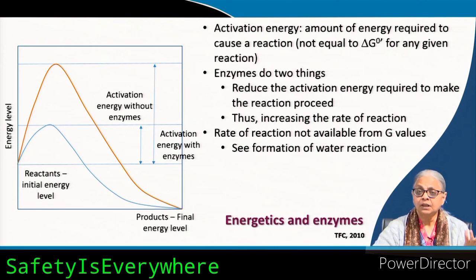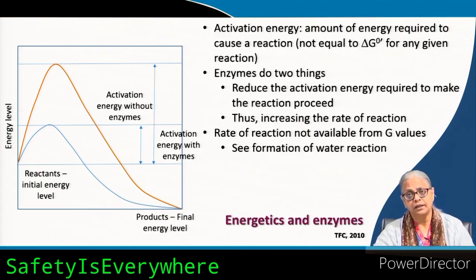So I can start heating it and I can combust the entire thing. What will happen? Yes, I will get CO2 and water at the end of it. But that's not what we normally do. So that is the activation energy required to make the reaction happen and then get some energy out of it.